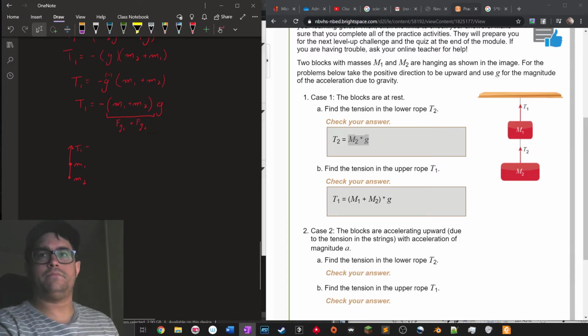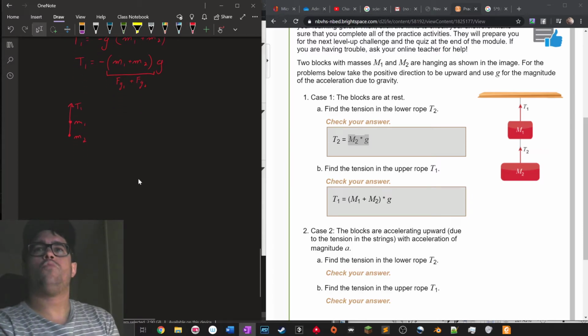I can simplify my point. M1 has an Fg1, M2 has an Fg2, and this is basically saying it's the same.